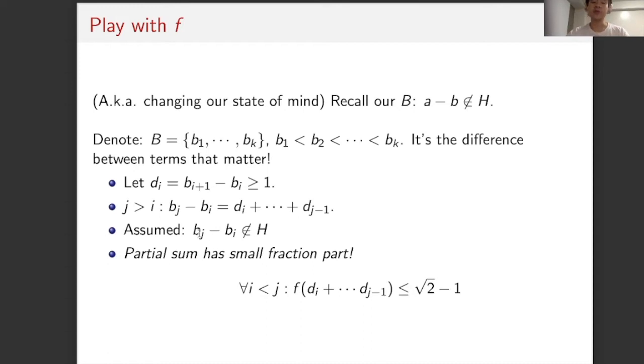And we already assumed that b sub j minus b sub i is not in H. So what this means is that the fractional part of this sum, f of this sum, has to be less than or equal to square root 2 minus 1.